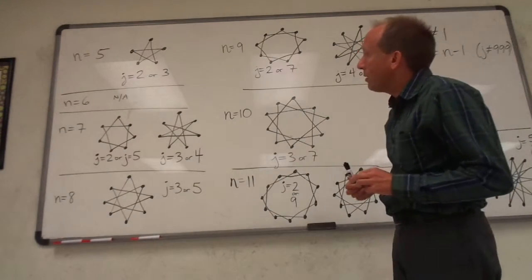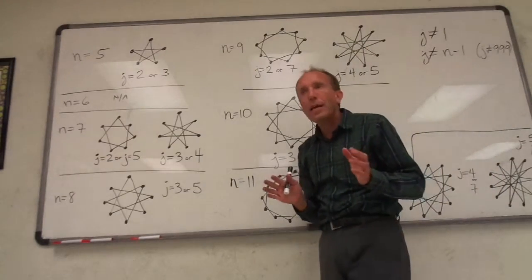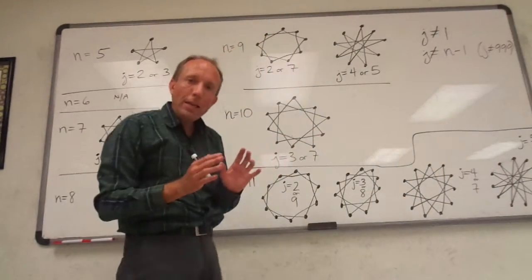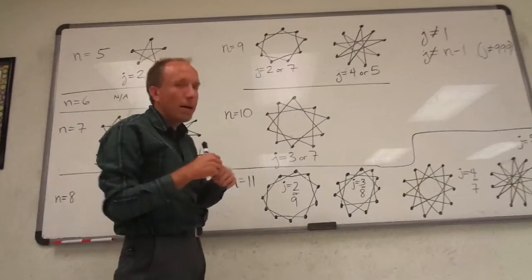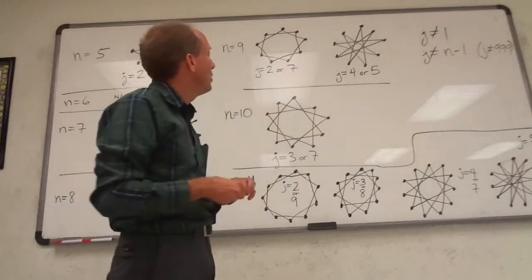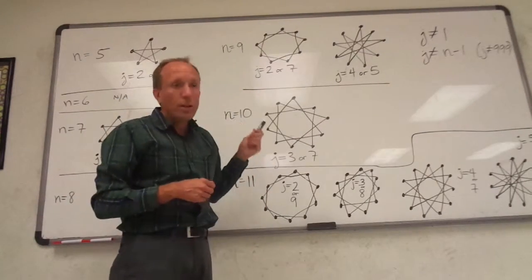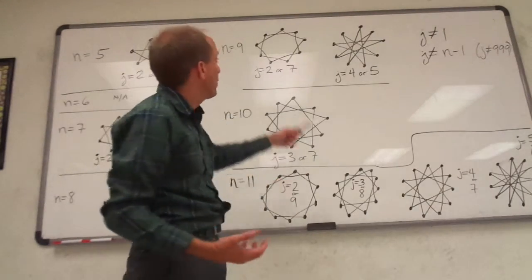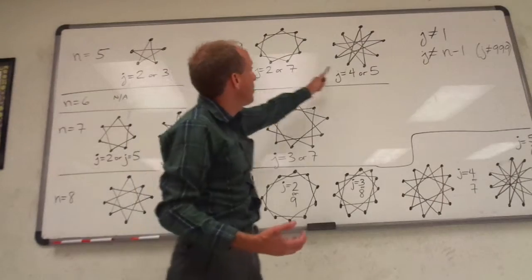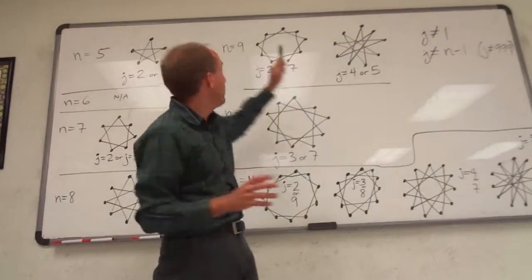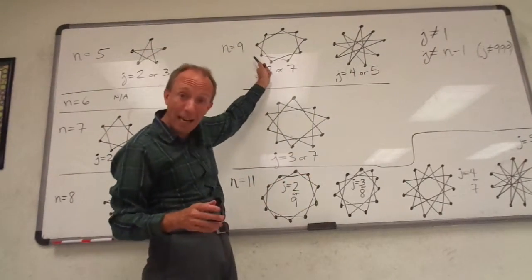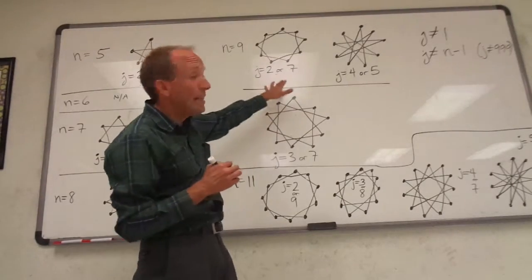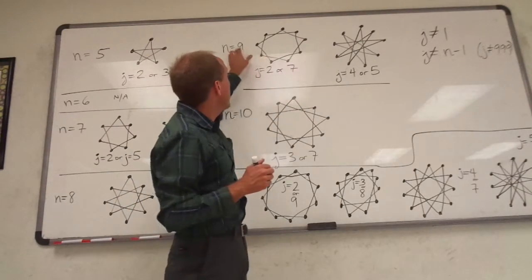The other thing we hopefully noticed today is that j cannot be any number that divides into the n value, or even has any common factors with it. So here, notice that 2 and 7 and 4 and 5 are all safe. They have no common factors with 9. But the numbers 3 and 6 do have common factors with 9.